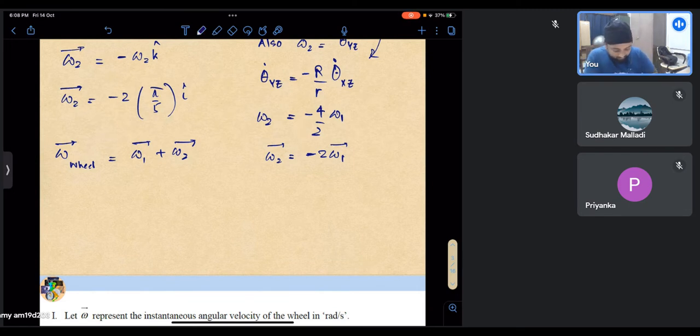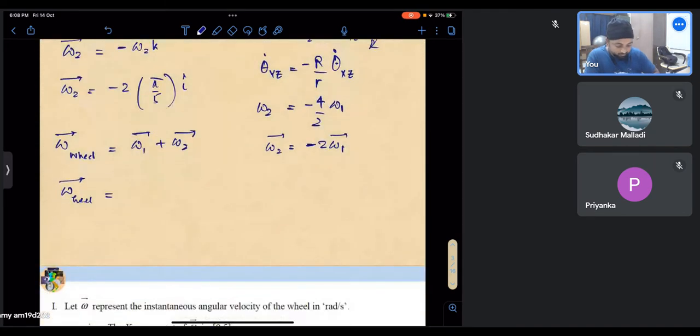Why don't we write it in the component form? It's nothing but omega 1, which is pi by 5 k cap, and omega 2, which is minus 2 pi by 5 I cap. Generally, we arrange the vectors with I, j, k. We could also do that, but anyway, the answer remains unchanged.